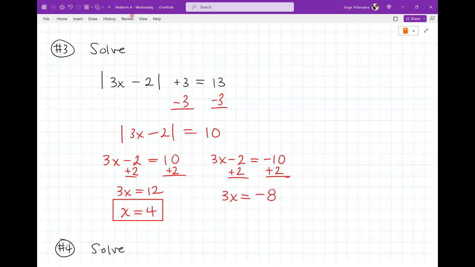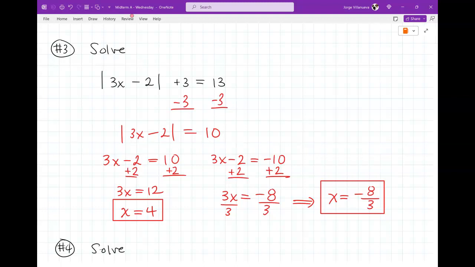And for this one, I'm going to get a fractional answer. It's going to be a fraction. So if I divide both sides by 3, I'm going to get x equal to negative 8 thirds. And that's okay. There's nothing wrong with an answer that's a fraction. Now, you might see on the quiz that they list both answers like that.